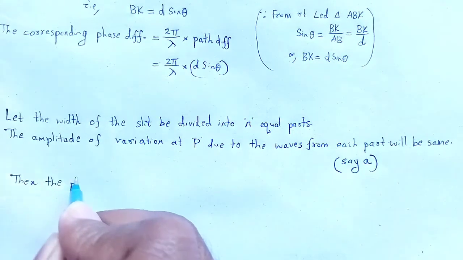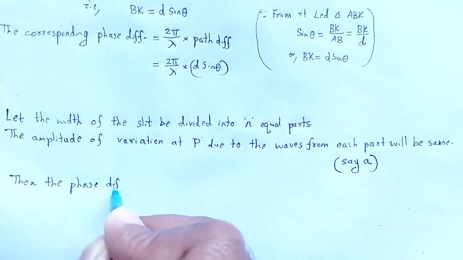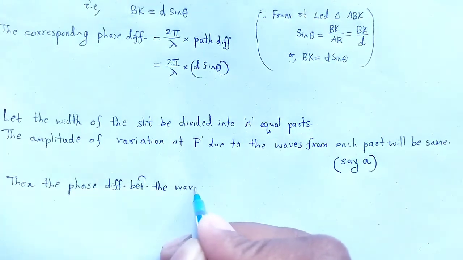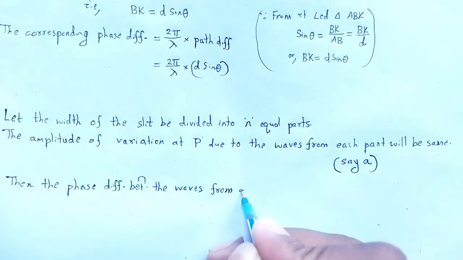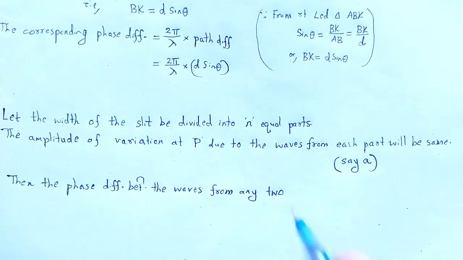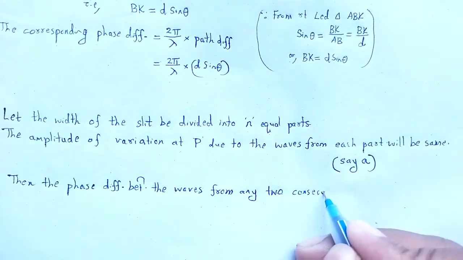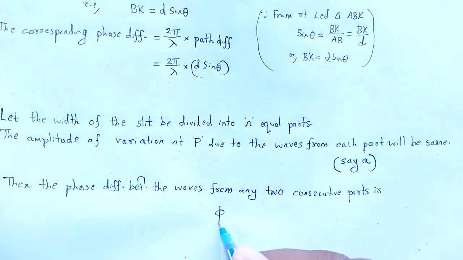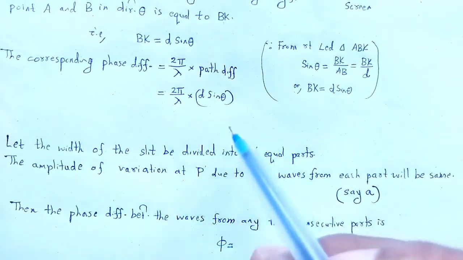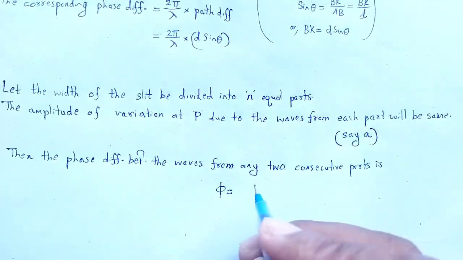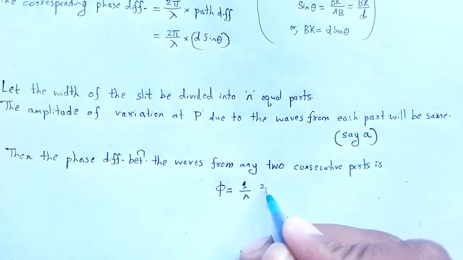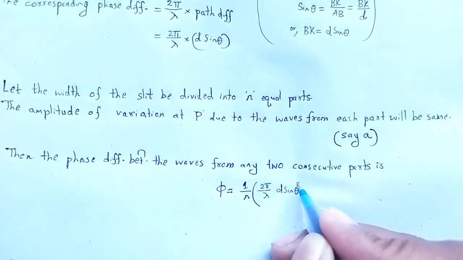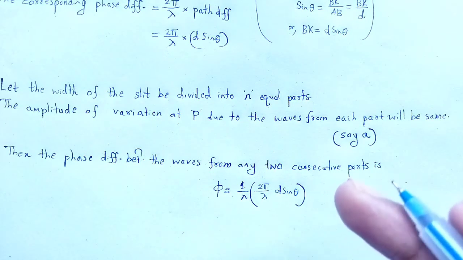The phase difference between the waves from any two consecutive parts is phi, equal to the total phase difference divided by n due to n number of equal parts. So, phi is 1 by n into 2 pi by lambda d sin theta, the phase difference between any two consecutive parts.